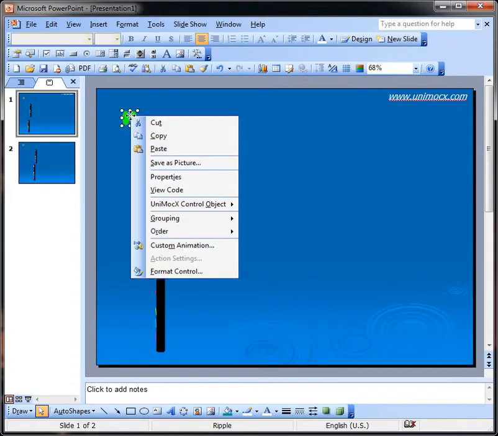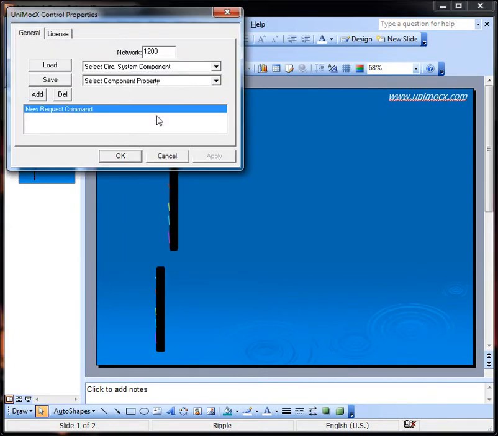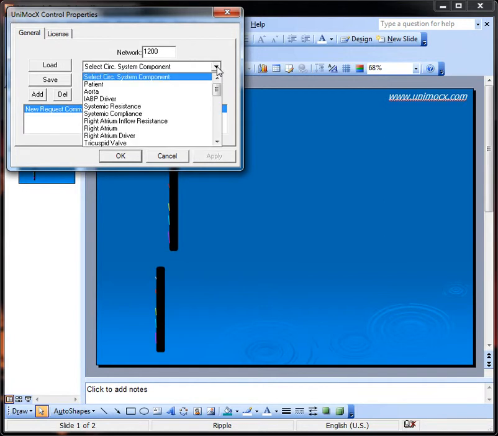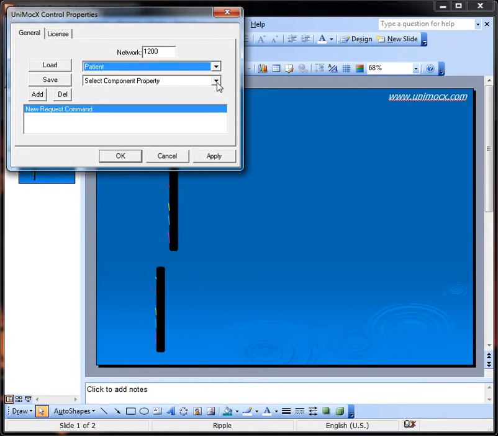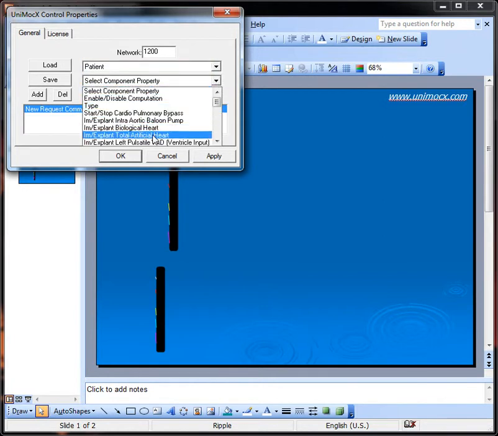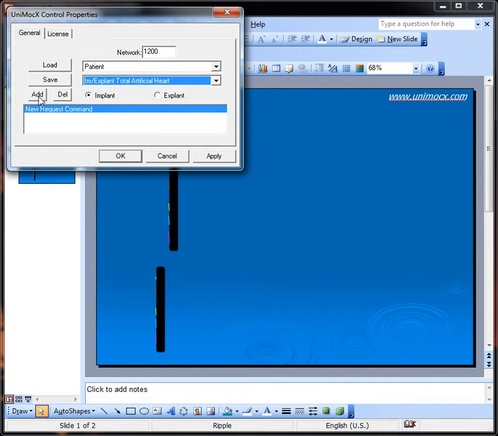Okay, the other part of this control property page is to be able to set the initial condition of this particular simulation. So let's implant a total artificial heart in this patient.